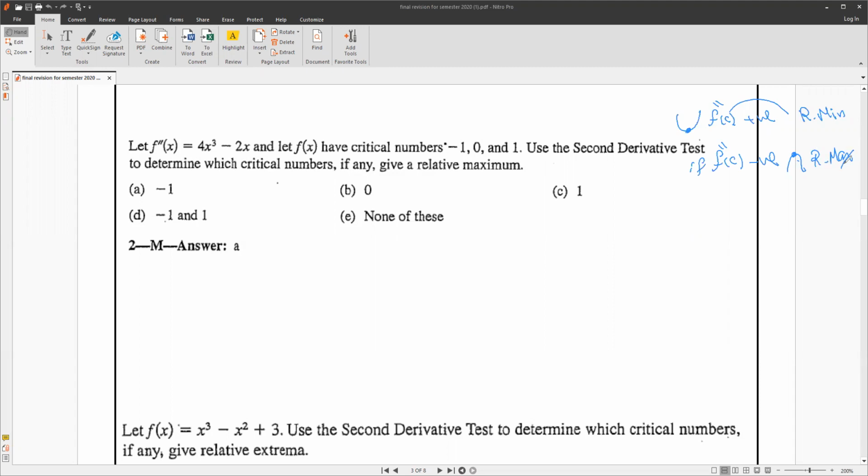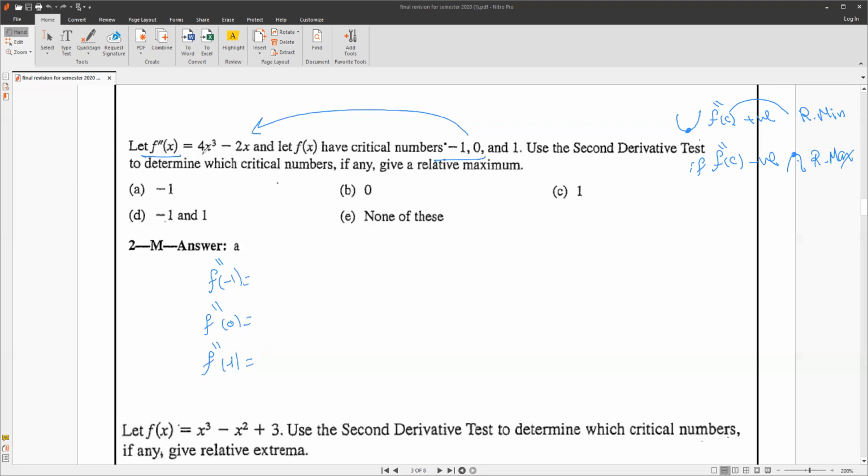In this test, I have to find the critical number, but it is already given, and the second derivative is already given. So what is the third step? I have to substitute the critical number in the second derivative. Second derivative at 0, second derivative at critical number 1.